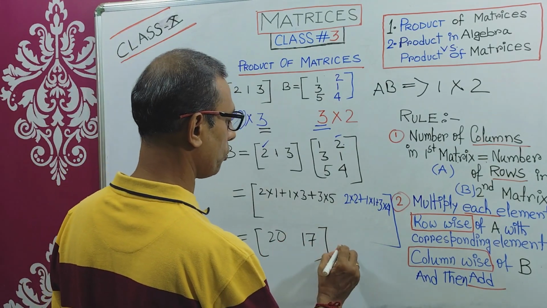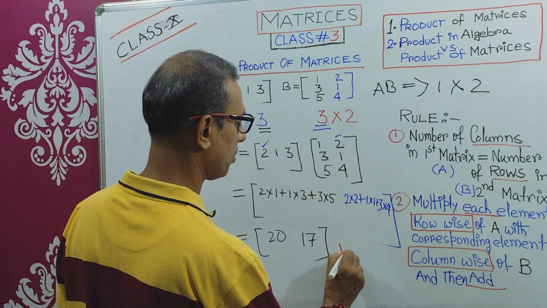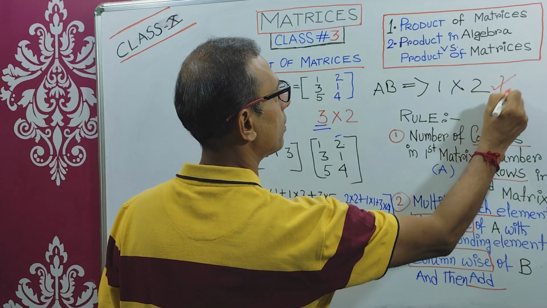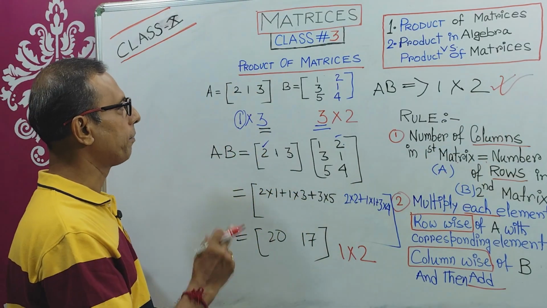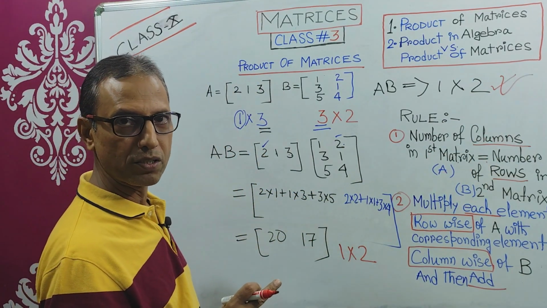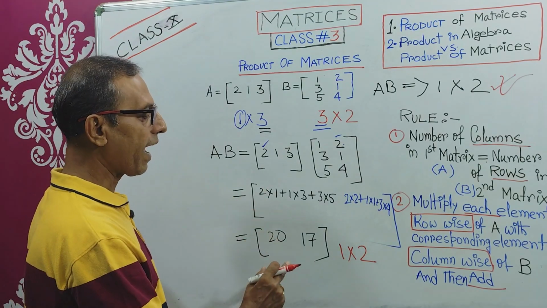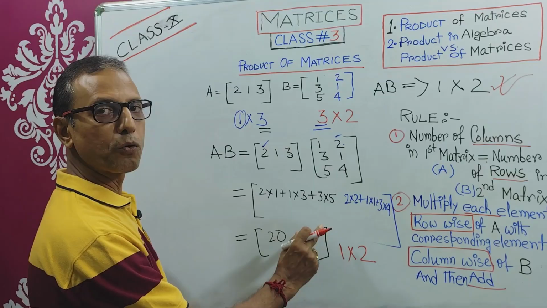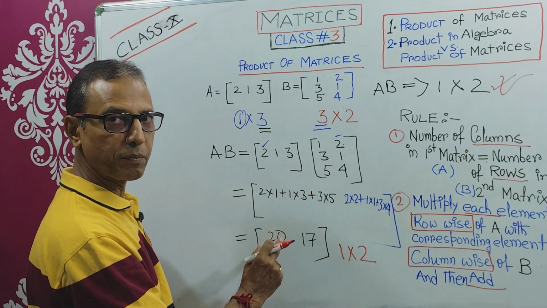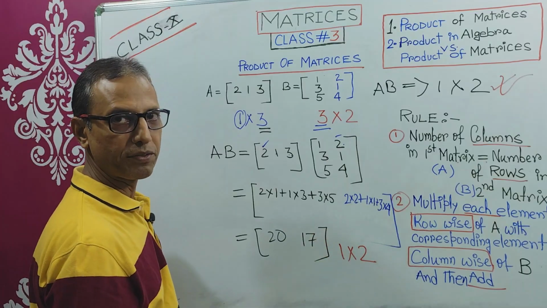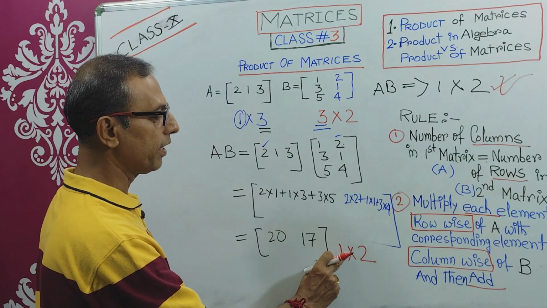It is 1 row and 2 columns, 1 by 2. So that is what we said, right? If we can multiply two matrices, the resultant matrix will have the same number of rows as the first matrix A and the same number of columns as the second matrix. So the order will be 1 by 2.